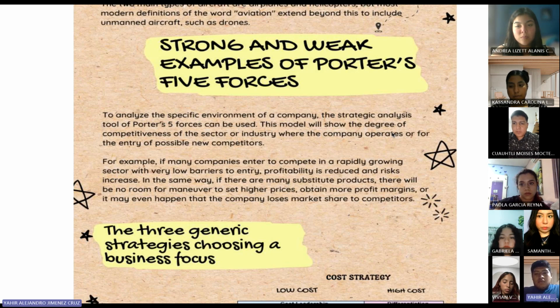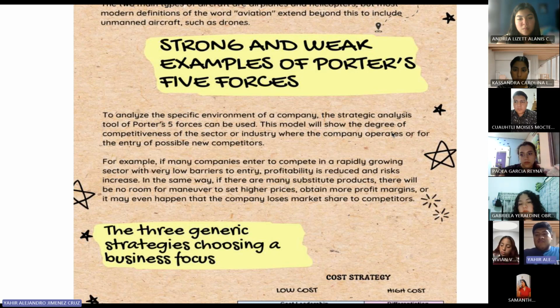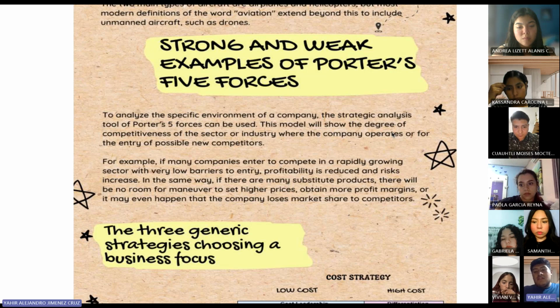In the same way, if there are many substitute products, there is no room for maneuver to find different ways to obtain more profit margin, and it might even happen that the company loses market share to a competitor.